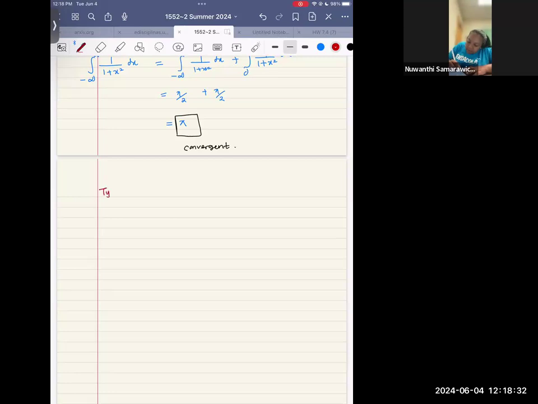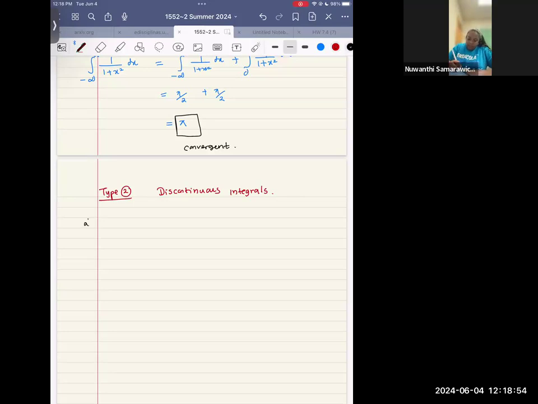Type 2 is discontinuous integrals. So let's see what discontinuous integrals are in the example.